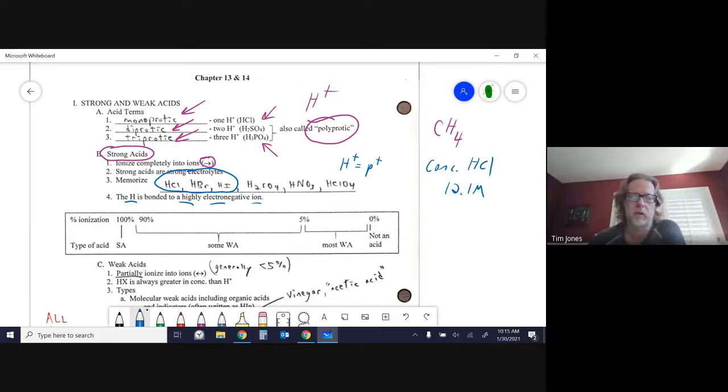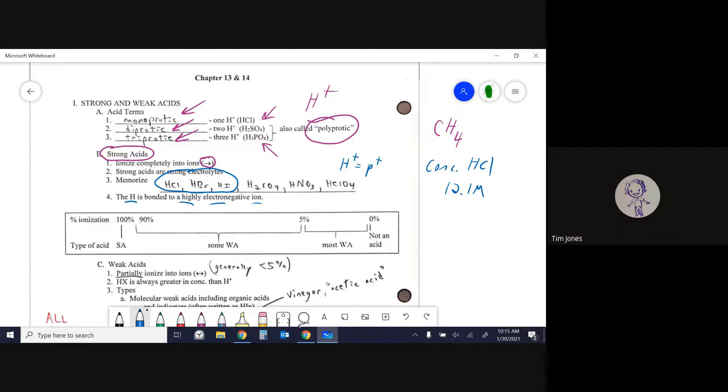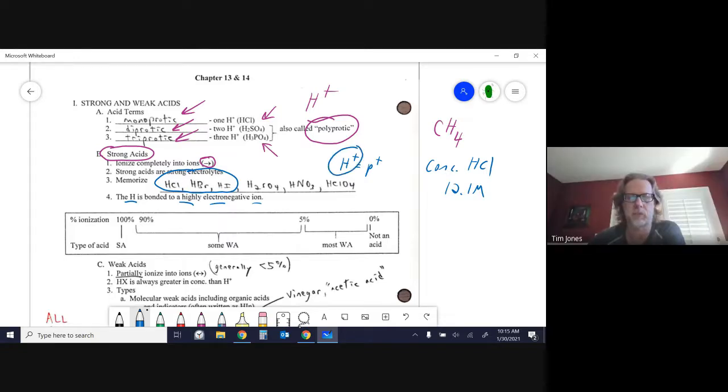H+ does not have any electrons, and unless it's a heavy isotope of hydrogen, it doesn't have any neutrons either. So you'll see things referred to as H+, or you'll see them referred to as a proton, and that's saying the same thing.